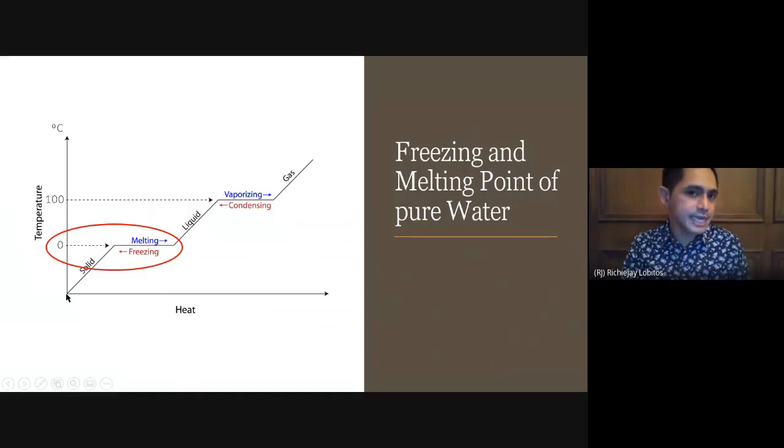Now, as you can see in here, the solid can actually stay solid from 0 down, all right? Because absolute zero is lower than 0 degrees Celsius, all right?